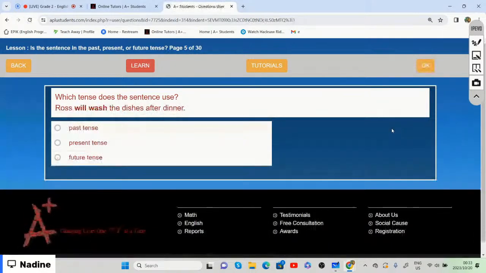Ross will wash the dishes after dinner. So will wash. Is that the past tense, the present tense, or the future tense?